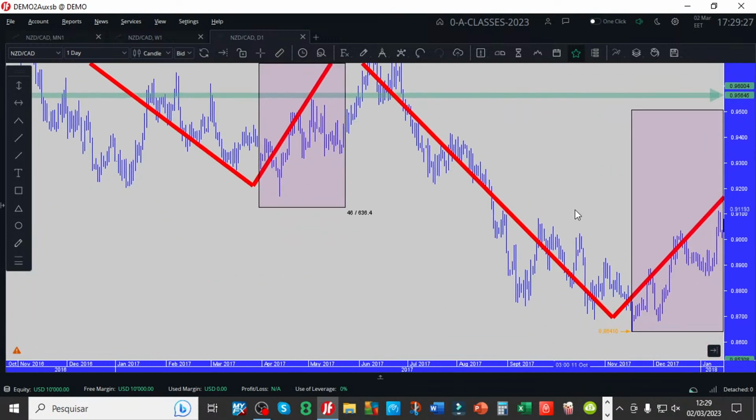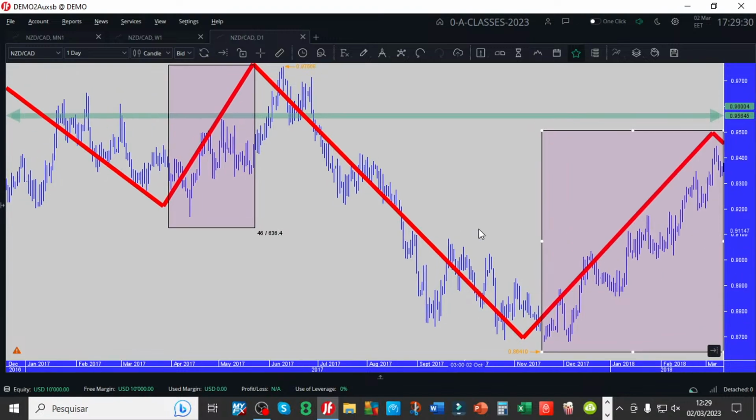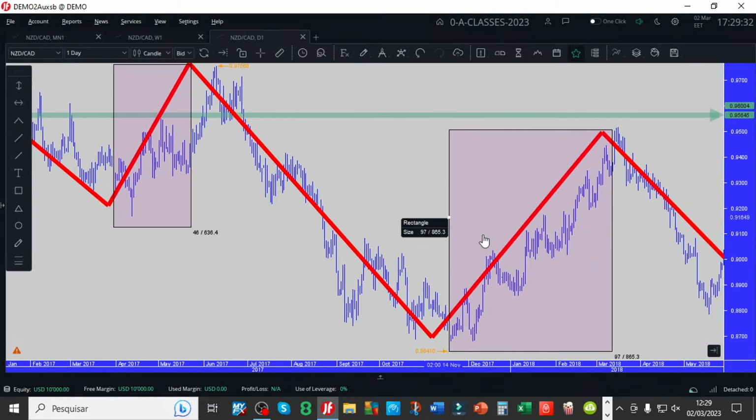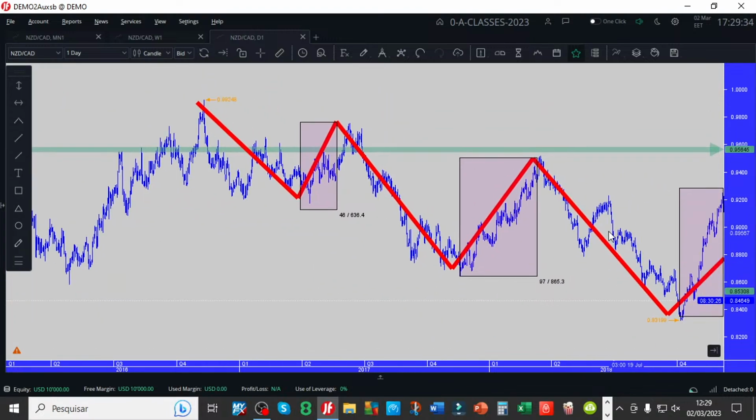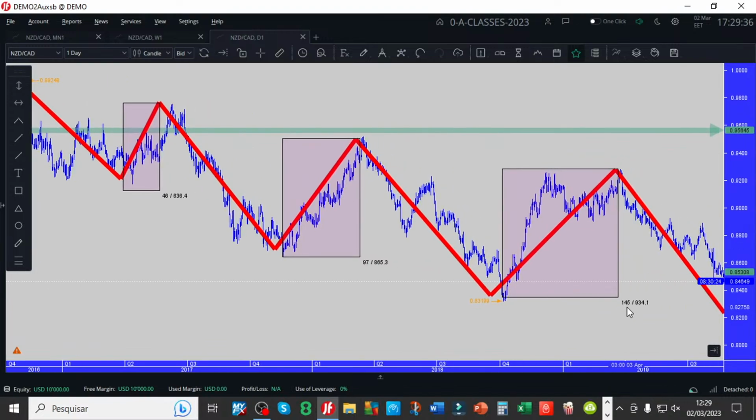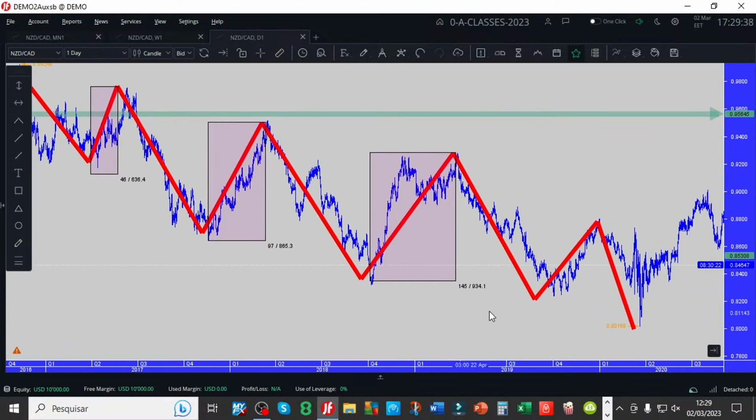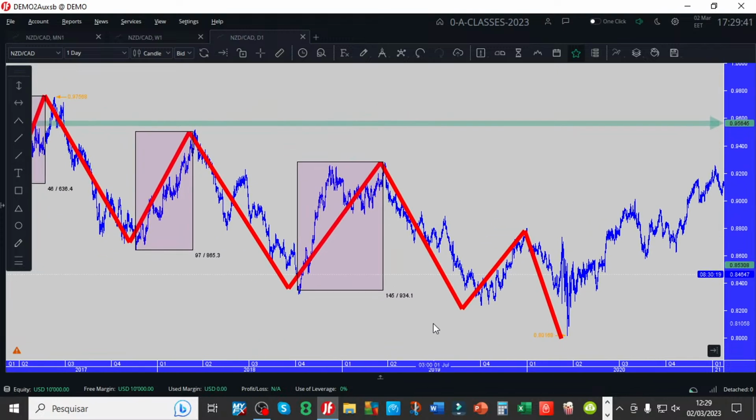Okay, so let's take this one as an example. Where was it? Give me a second, everybody. This was the retracement, and this was the retracement, and this was the retracement.